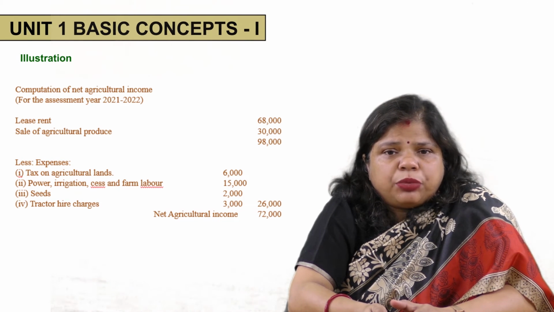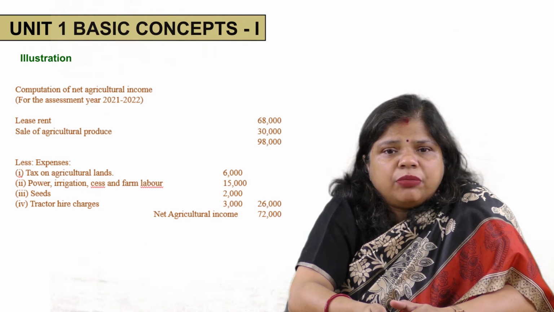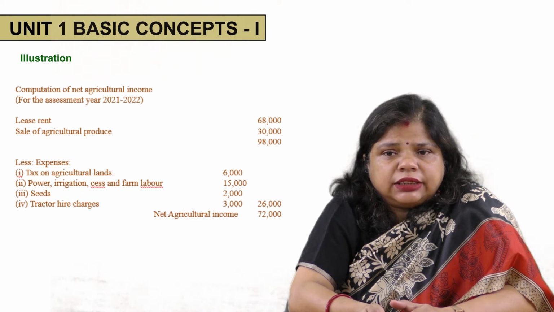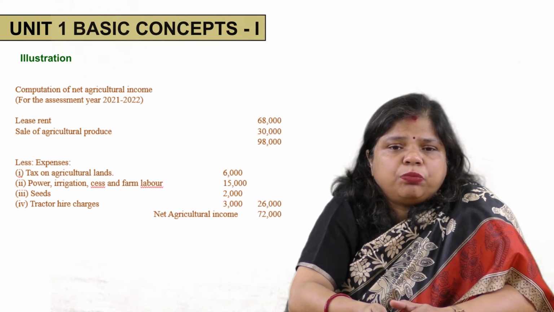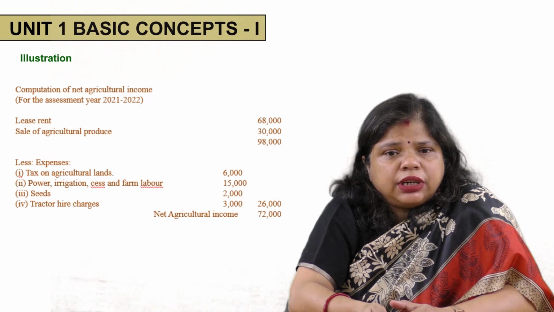Sale of agricultural produce, landlord's share is 30,000. Payment of government tax on agricultural land is 6,000. Expenses on power, irrigation, cess, farm labor 15,000. Purchase of seed 2,000. Tractor hire charges 3,000.